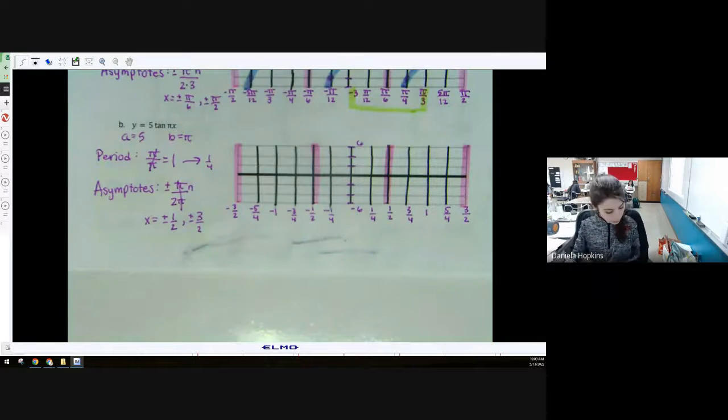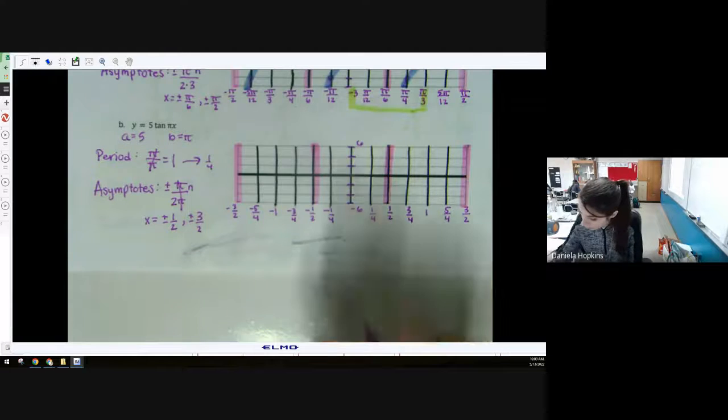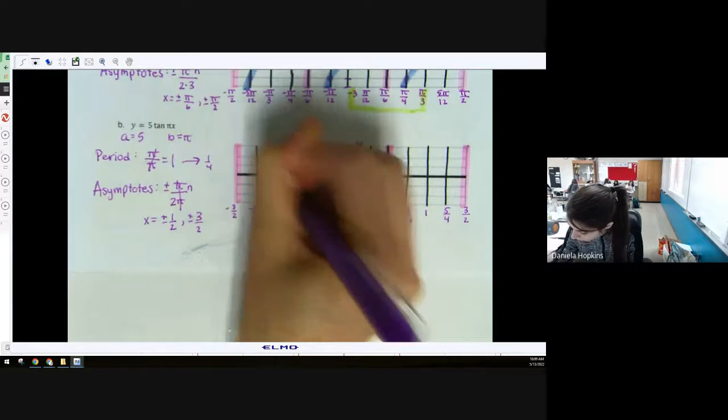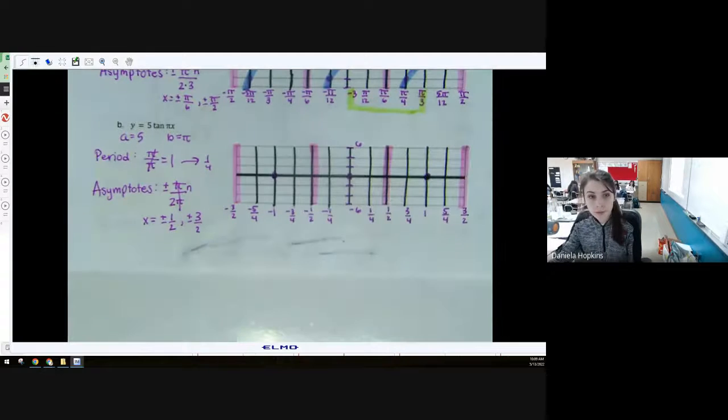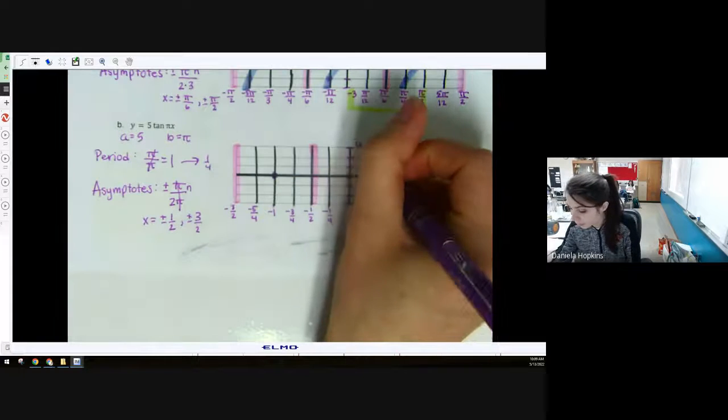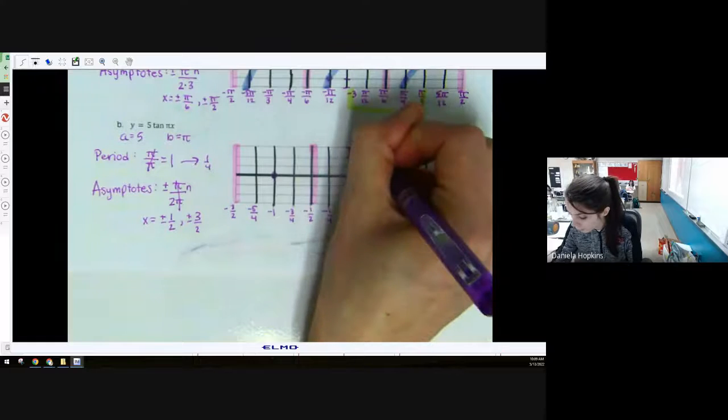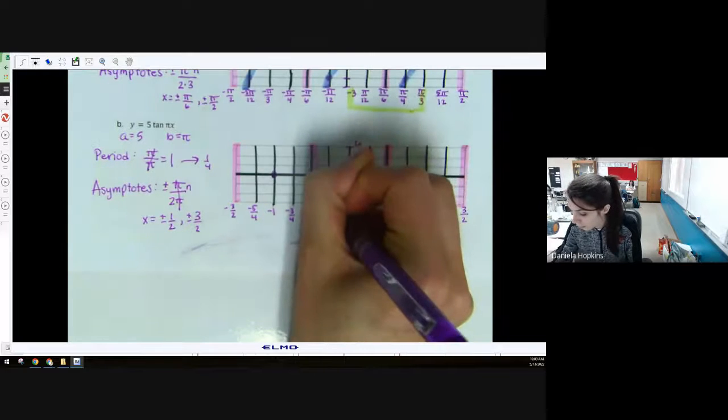And then the rest, I think you can just do visually. So our x-intercepts are right in the middle. This is a positive tangent. I won't worry about the negatives just yet. So positive tangent, I'm going to go up to 5 on the right, down to -5 on the left.